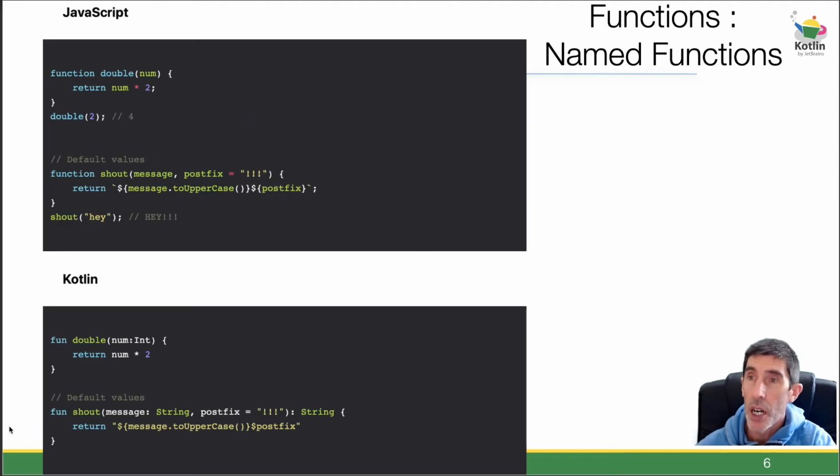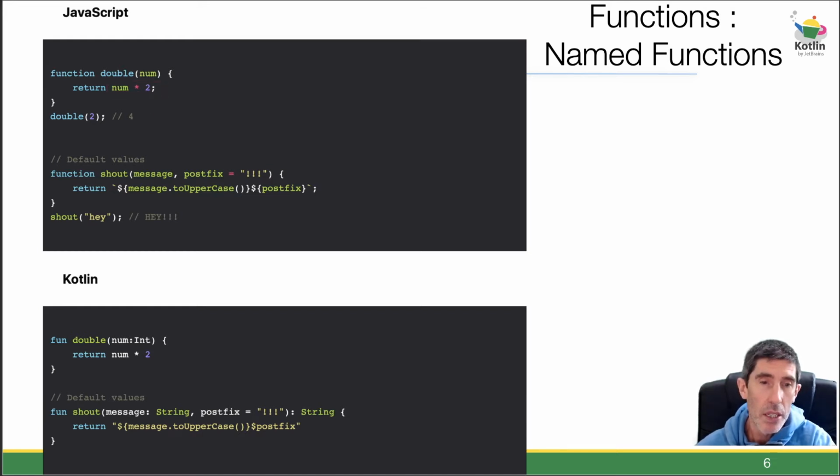In terms of functions, again we've seen this before. If we look at a function in JavaScript first, up here, and how we call it, we can say function double num, return num times 2. Again, no specifying of a type, it's just a variable, and then we return it times 2 here.